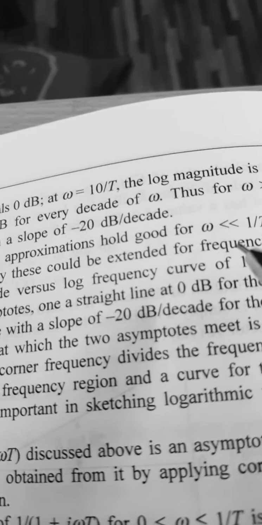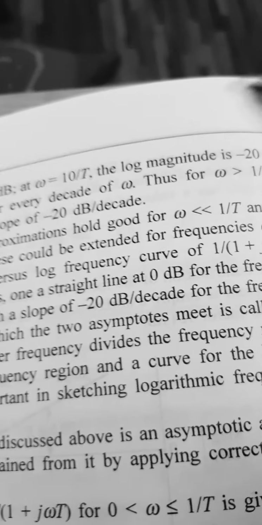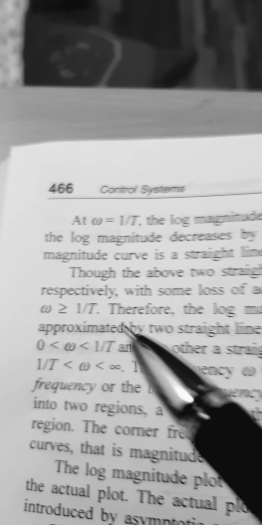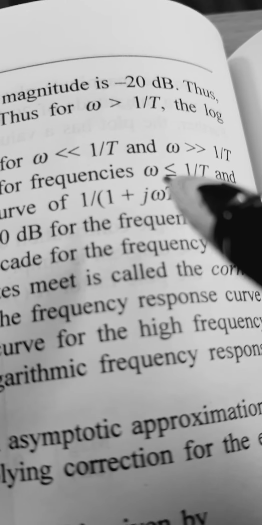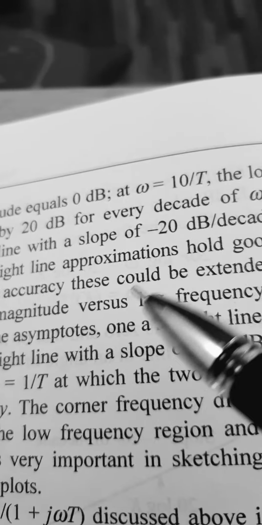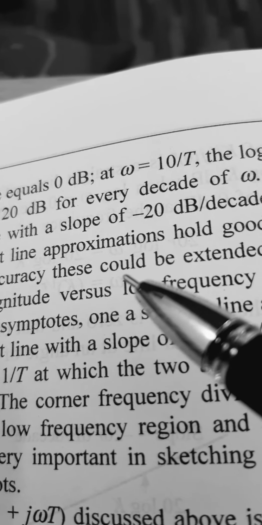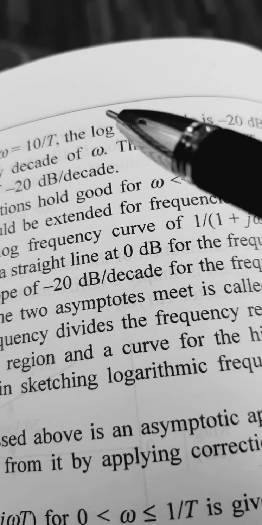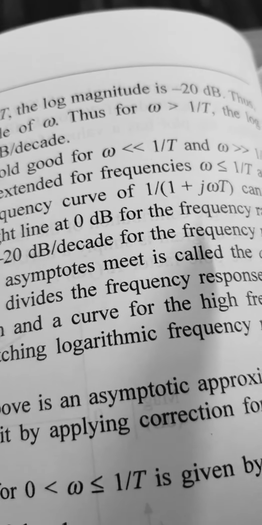When omega is very much less than 1 by T, it is 0 dB, that you can definitely say, and when omega is very much greater than 1 by T, it has a slope of minus 20 dB.